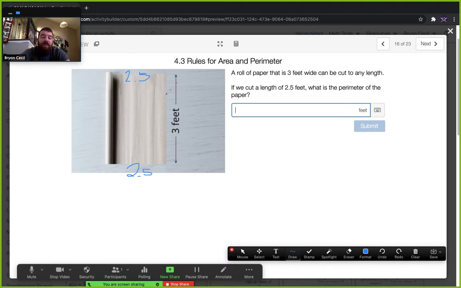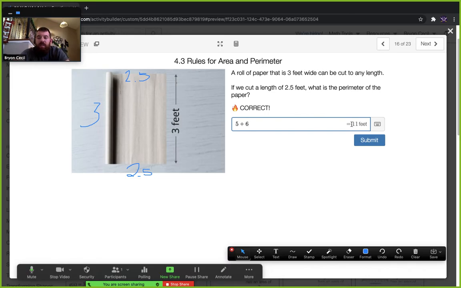And then if this side is 3, we know that this is 3. So if we are adding up all the sides, this and this give me a 5. We know that that's going to give me a 5 plus 3 times 2, which is 6, which is going to give you 11 feet, and that is correct.